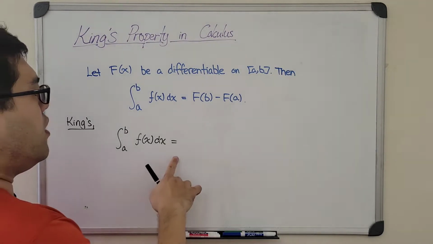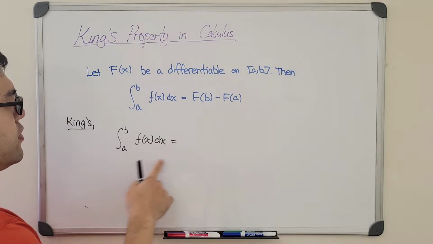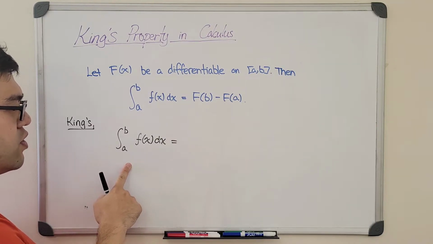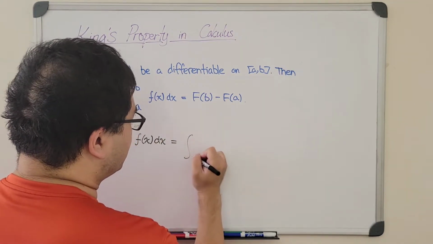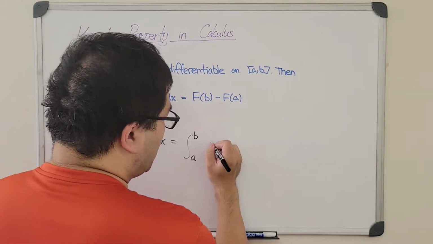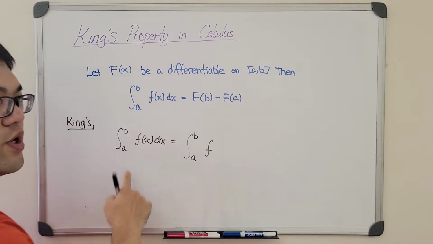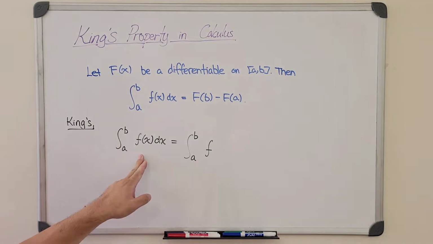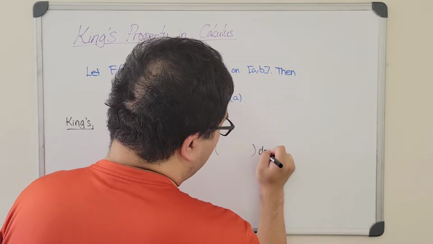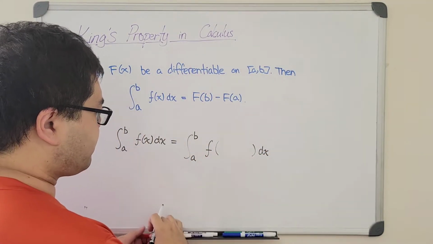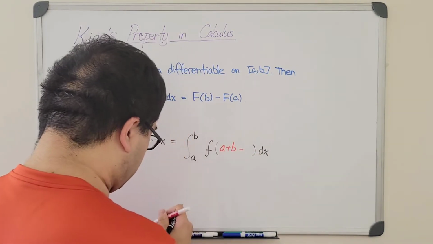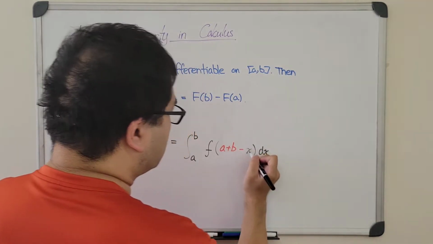But we can also convert this integral into the following expression. We still have the integral from a to b, and we are still taking the same first derivative, lowercase f, but instead of having x here, we're going to put a plus b minus x.